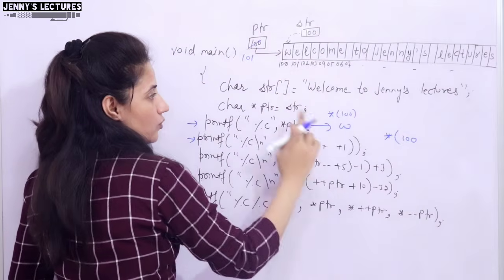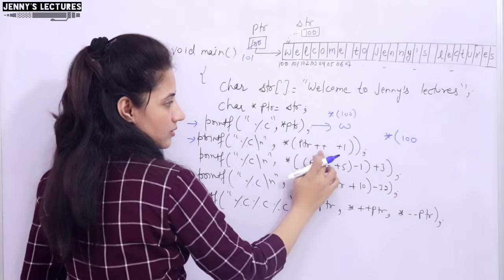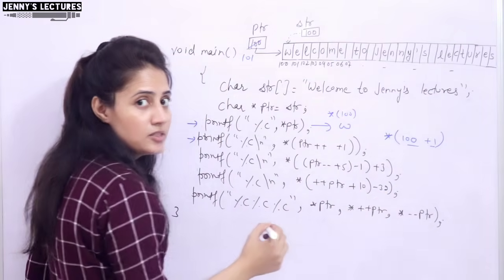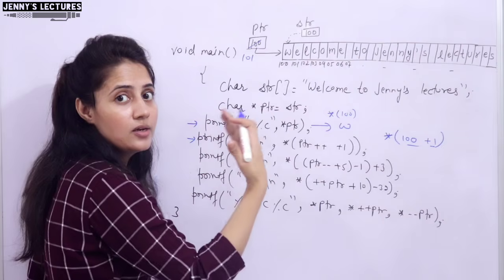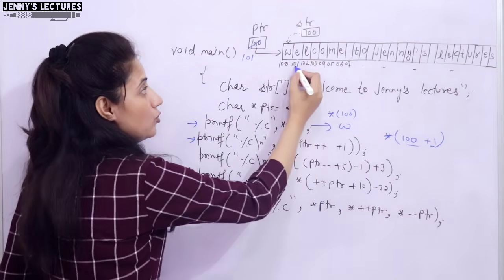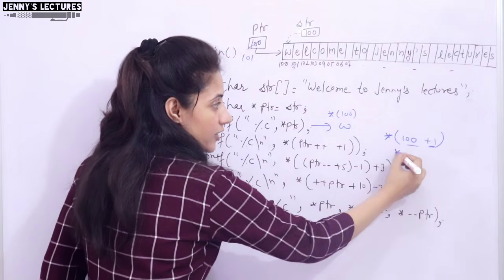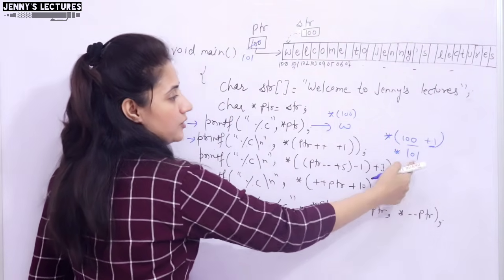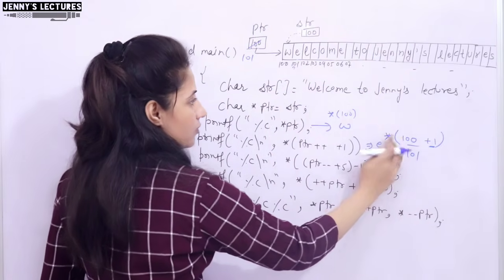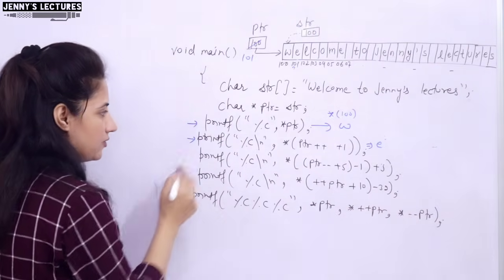So now it is 101, but here we are using the original value of the pointer, that is 100 plus 1. 100 plus 1 means it will move the pointer one location forward, so this is 101. So *101: whatever the value at 101 would be returned.